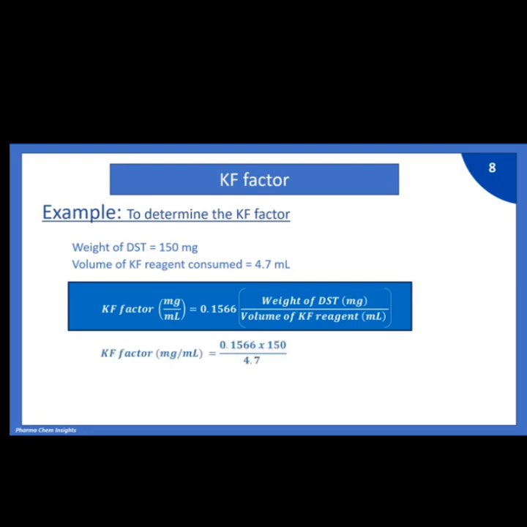Putting in the values, 0.1566 × 150 divided by 4.7, we get 4.998 mg per ml. So Kf factor is 4.998 mg per ml, meaning each ml of Kf reagent will utilize 4.998 mg of water.